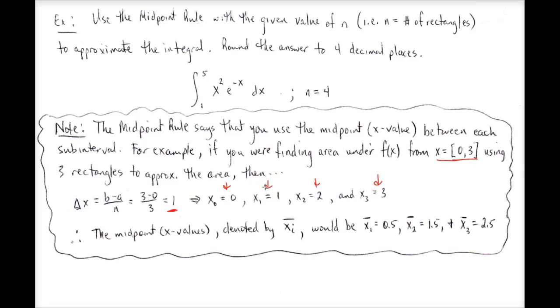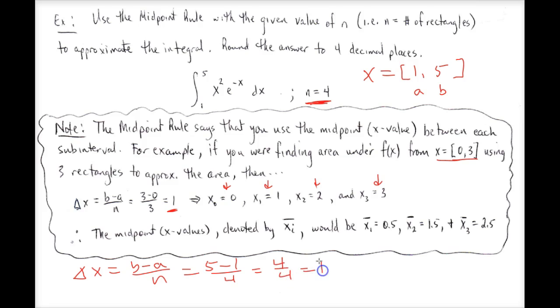In this instance, since our x values go from 1 to 5, a is 1 and b is 5, and we'll use 4 rectangles here. So our delta x, which is b minus a divided by n, is 5 minus 1 over 4, which is just 1.